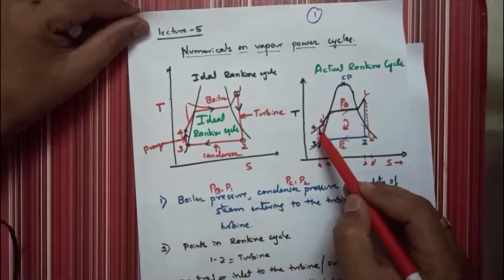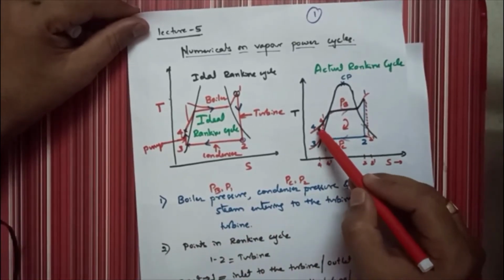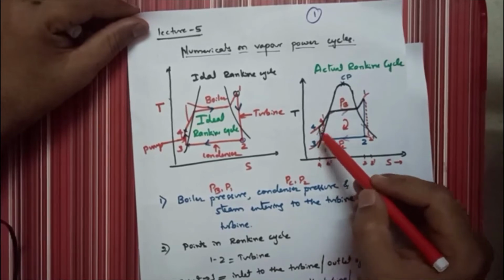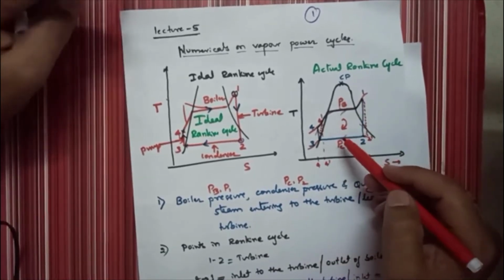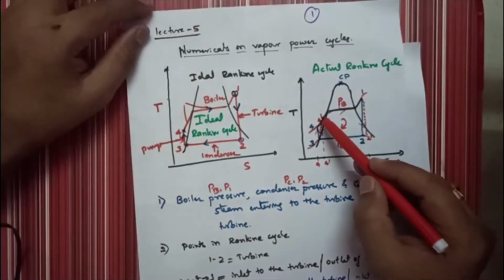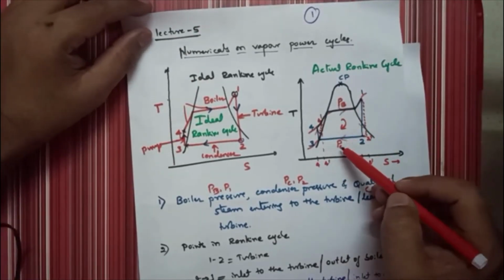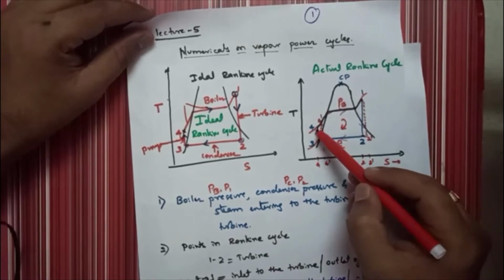Okay, the pump is operating between these two pressure lines. One is the highest pressure, another one is the lowest pressure. So in the entire cycle there are only 2 pressures. Higher pressure is boiler pressure, lower pressure is condenser pressure. The pump is operating between these 2 pressures.